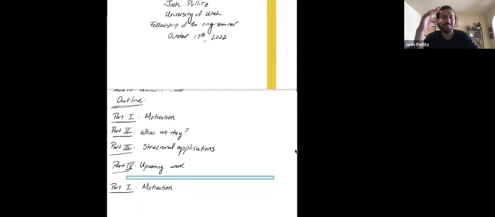So I'll start with motivation, and then I'll tell you what they are, give you the definition, but then lots of examples of these support varieties. And then I'll discuss some structural applications, and I'll say more when we get to that part of the talk. And that's the first chunk.